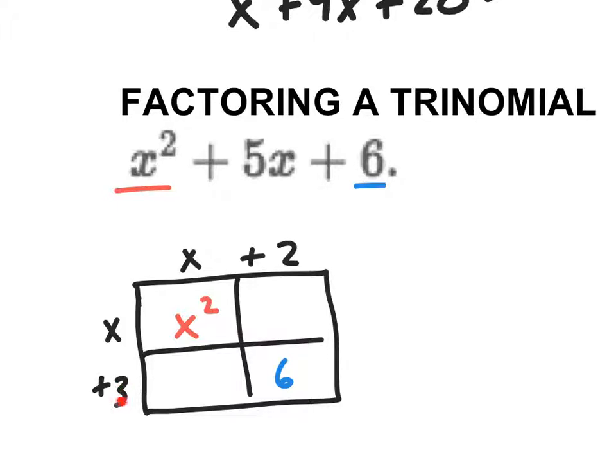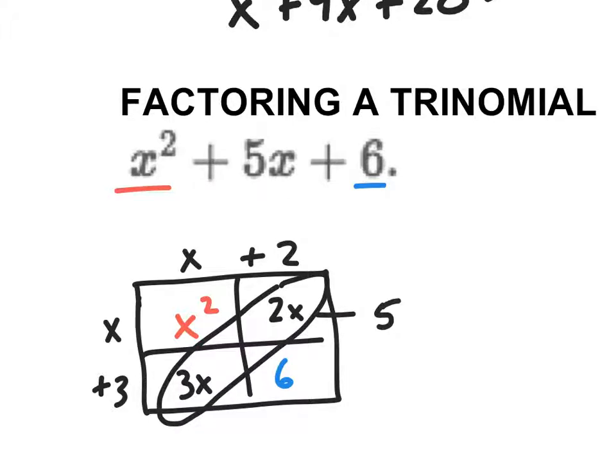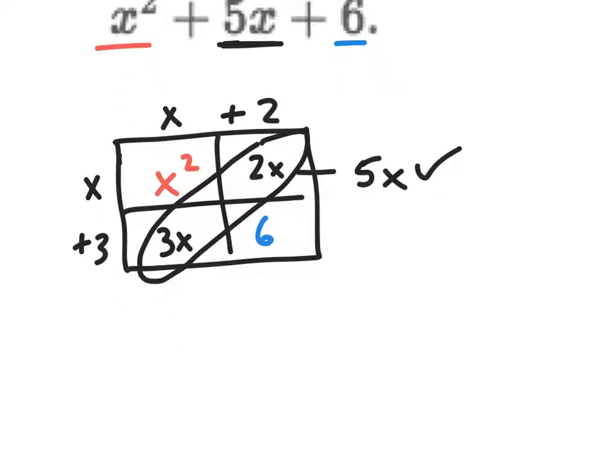Now, let's do 3 times x, so we can check it and do 3x, and then 2 times x, which is 2x. If I add those together, that's going to give me 5x, which is what I was looking for as my middle term. So my factors then is just going to give me x plus 2 and then x plus 3, and we're done.